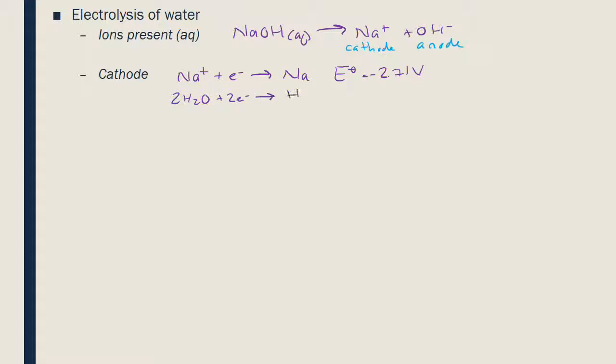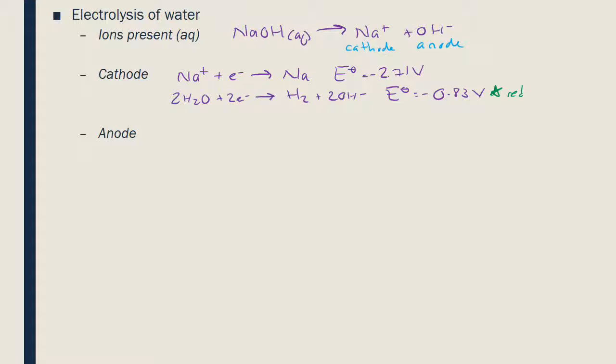When it does this, it's going to release hydrogen gas and 2 hydroxide ions. Its E theta value is negative 0.83 volts. Because it has a higher value, it's less reactive, so sodium wants to stay in ion form more than water. So water is going to be reduced at the cathode.